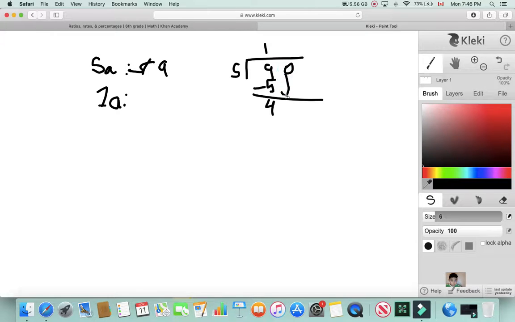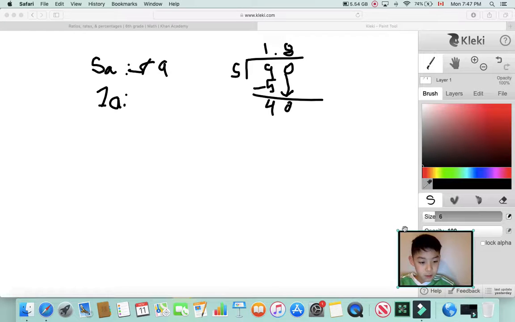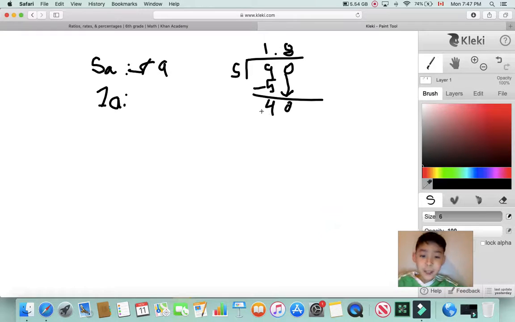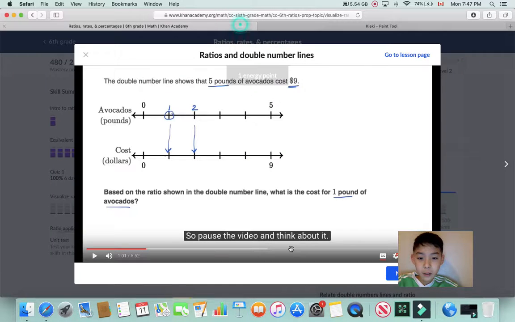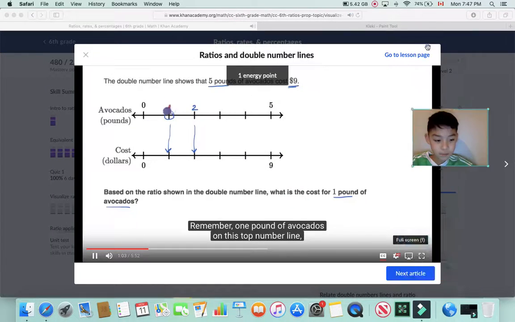We bring down the 4. And then we have to put down the decimal point there. And we get the 8. And that works. We get the 8 and we subtract by 40. Boom. So it's $1.80.